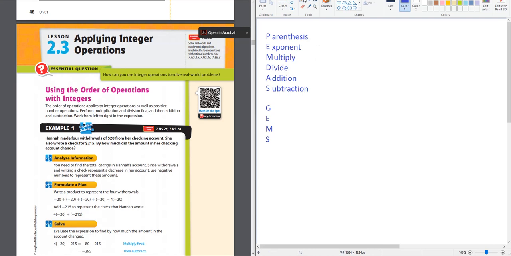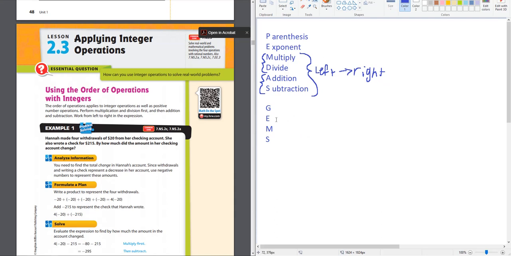What they don't really tell you is that multiply and divide should actually have the same level of priority. Addition and subtraction should also have the same level of priority. The only reason you should choose addition over subtraction or subtraction over addition is because you always want to go from left to right. So whatever is on the left is going to go first. Whatever's on the right is going to go second.